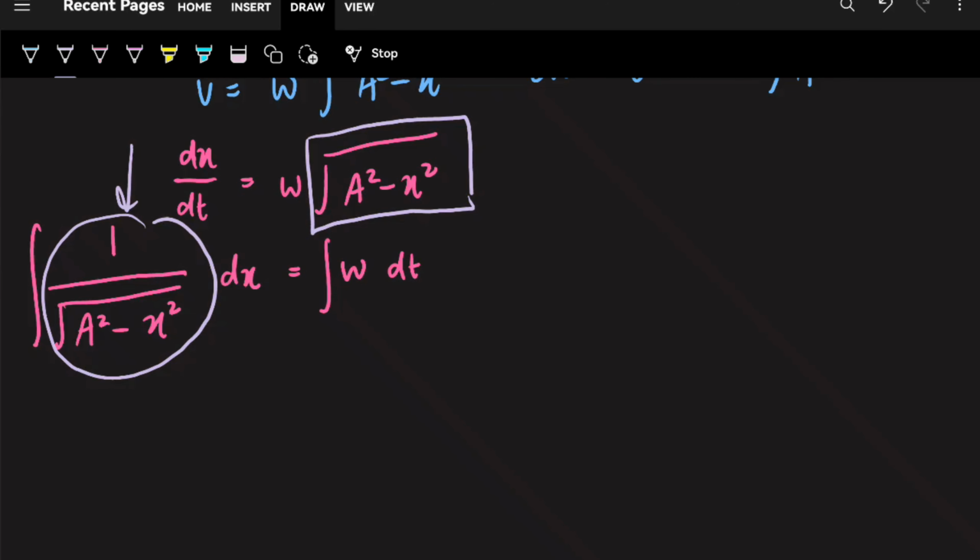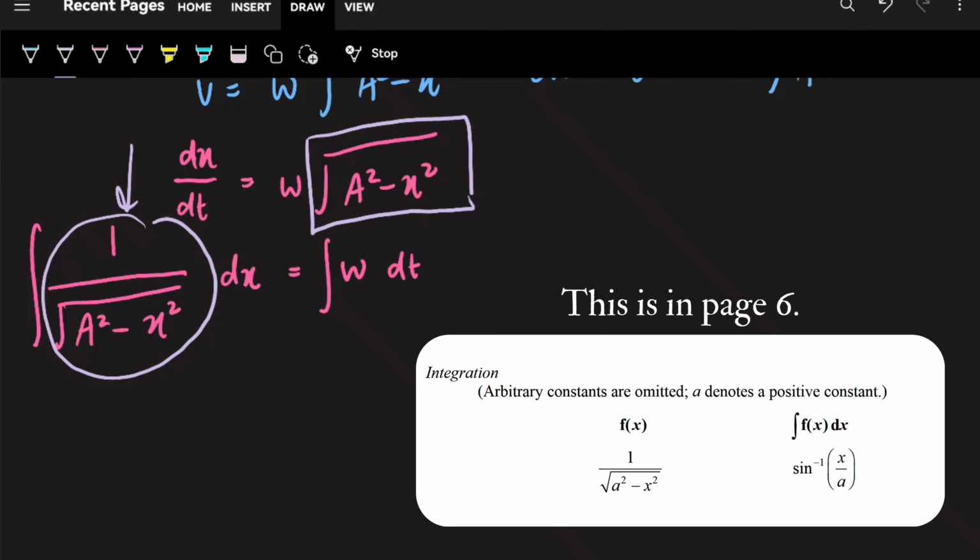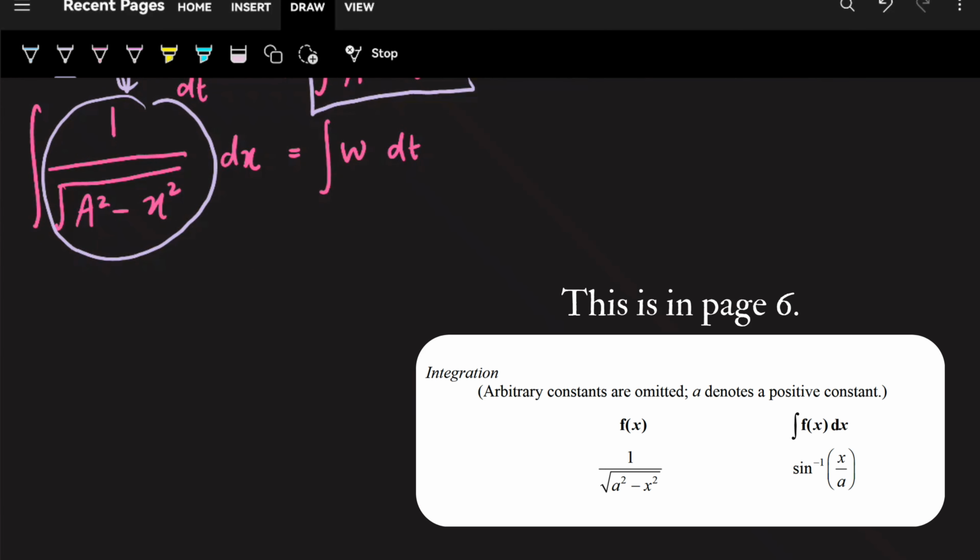So in the integration part in the formula booklet, it's 1 divided by square root of small a square minus x square, and when you integrate that, they tell you you're supposed to get sine inverse x over a. In this case, ours is capital A because we are using the capital A here, right?